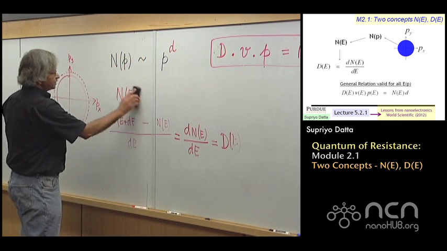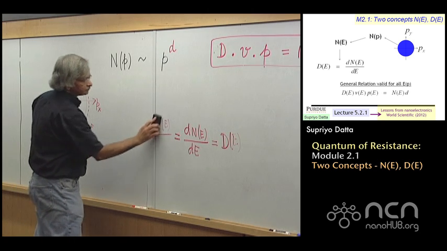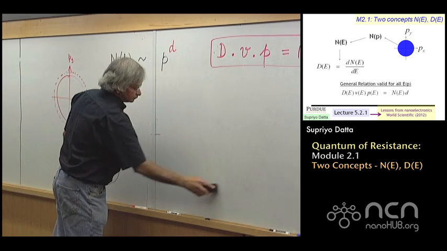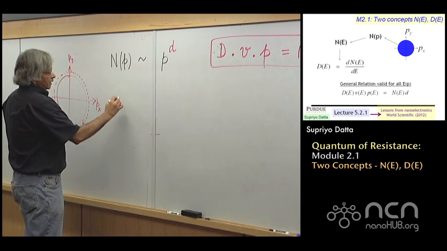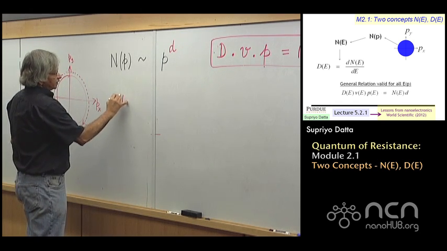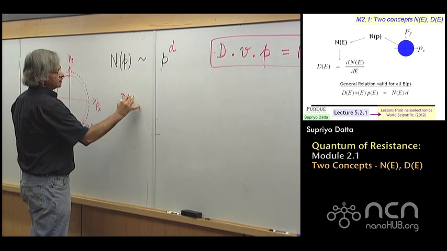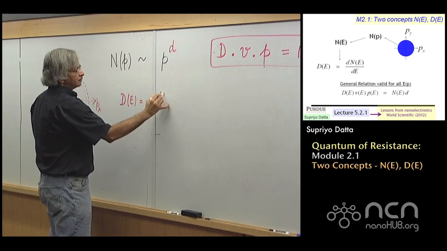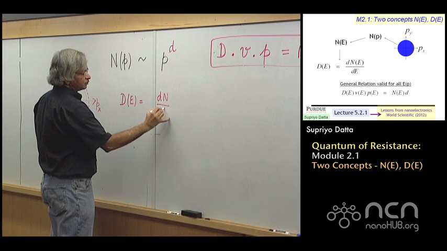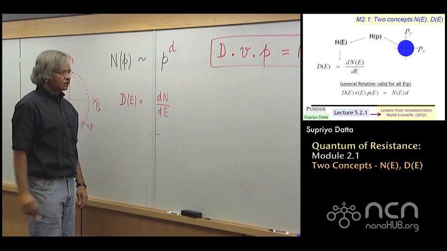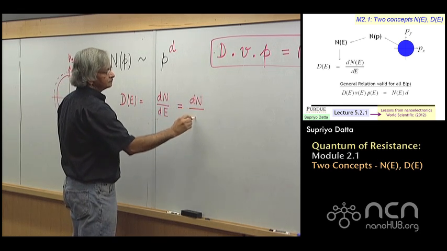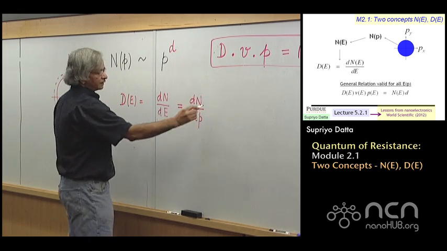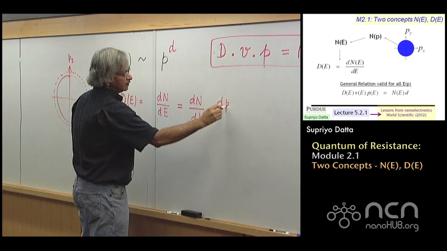Because then, the density of states, as we discussed, is the derivative of N with respect to E, so I could write this as dN/dp times dp/dE.